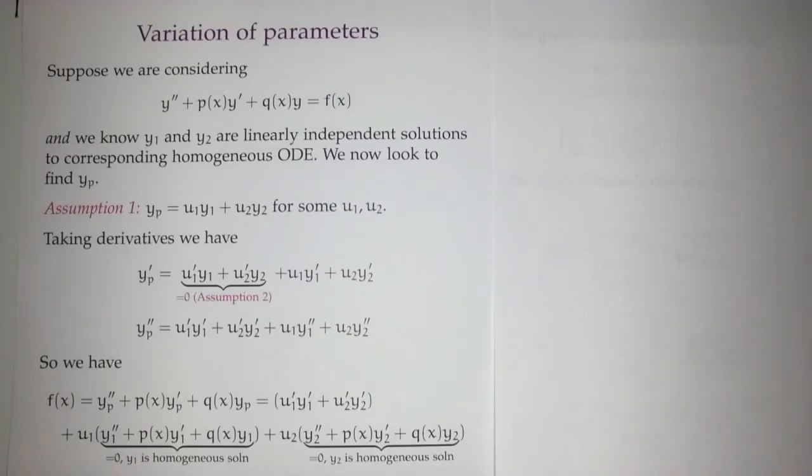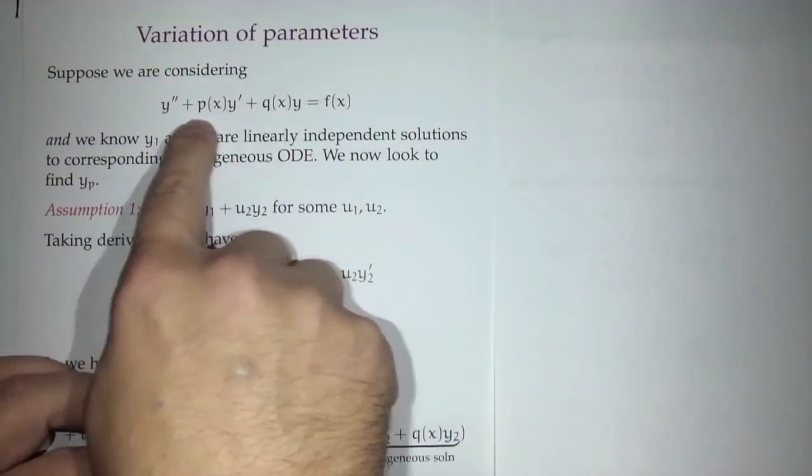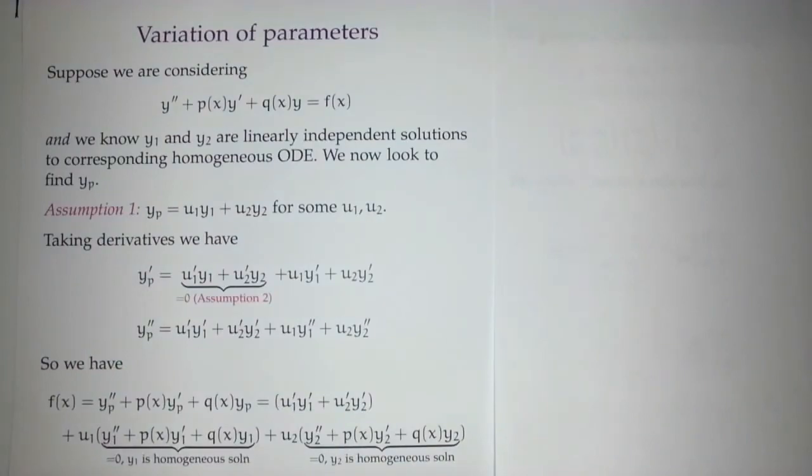And what we do is we say, suppose, and we're going to be a very special case, second order, y double prime plus p of x y prime plus q of x y equals f of x. Now notice you don't have to have constant coefficients. So we'll let you have coefficients that vary. But suppose we have our differential equation and we have our two solutions to the homogeneous part.